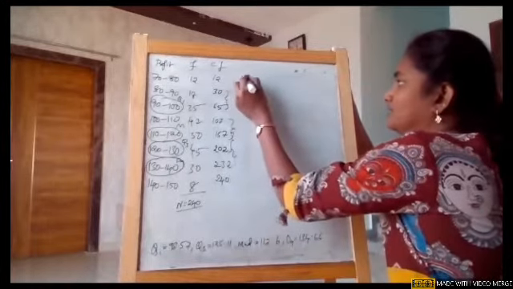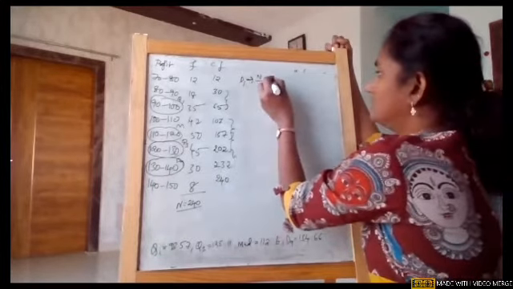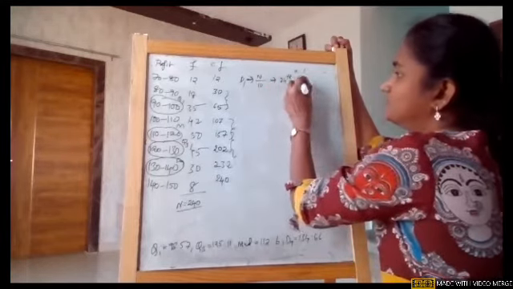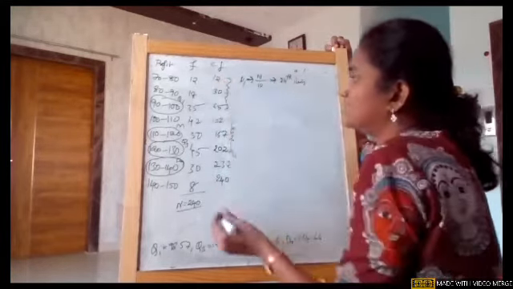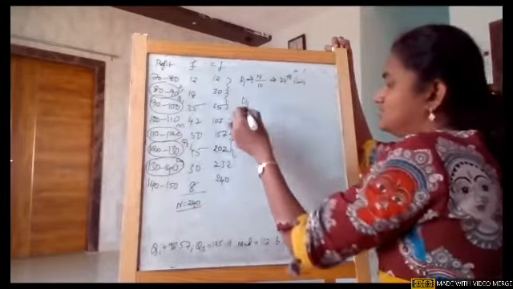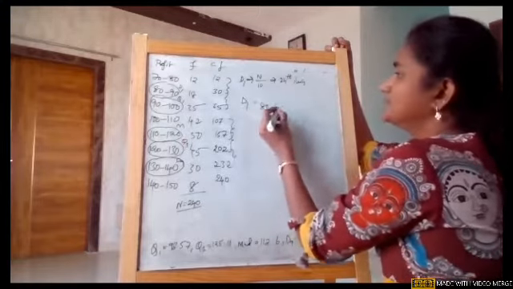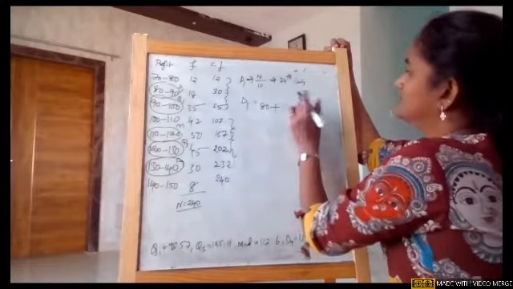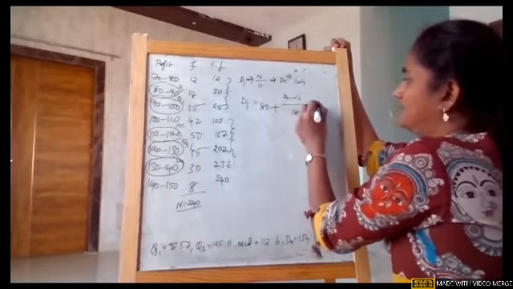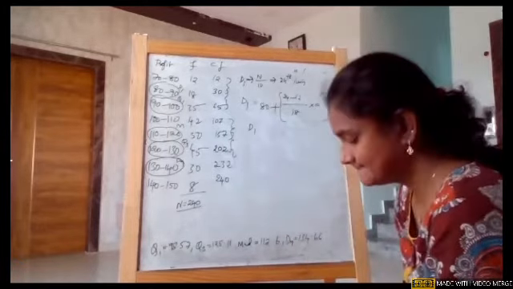D1 is n by 10, so it is the 24th item as per calculation. When it is 24, it is ranging between 12 and 30, and this is your D1 class. Based on this, D1 is equal to 80 plus 24 minus 12 divided by 18 into 10. So what are you getting D1 to be?